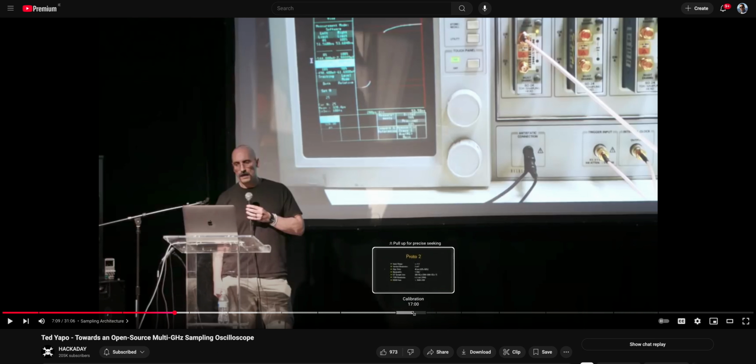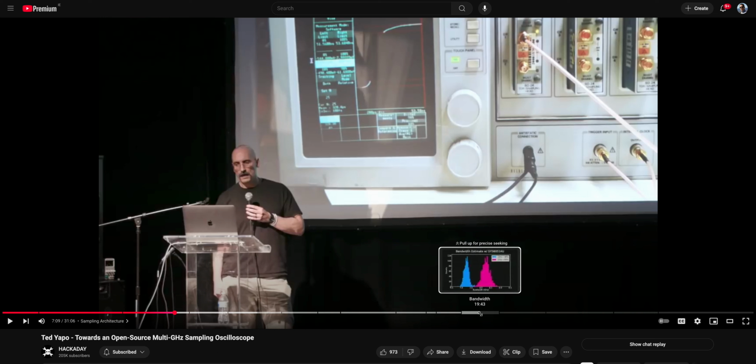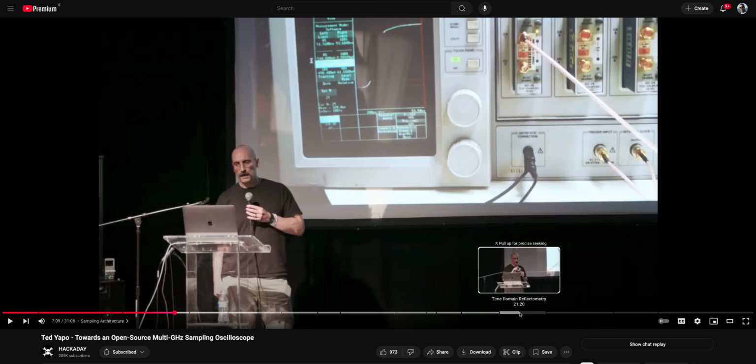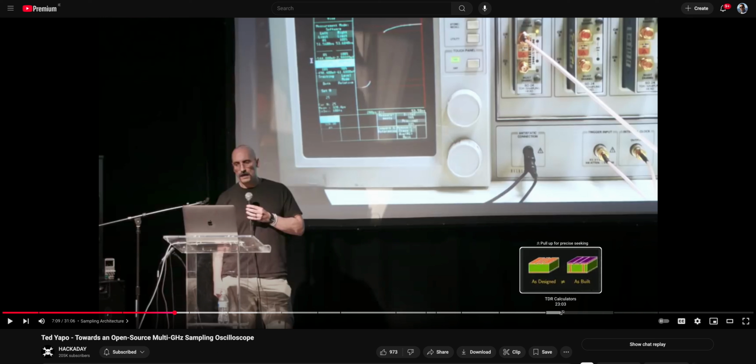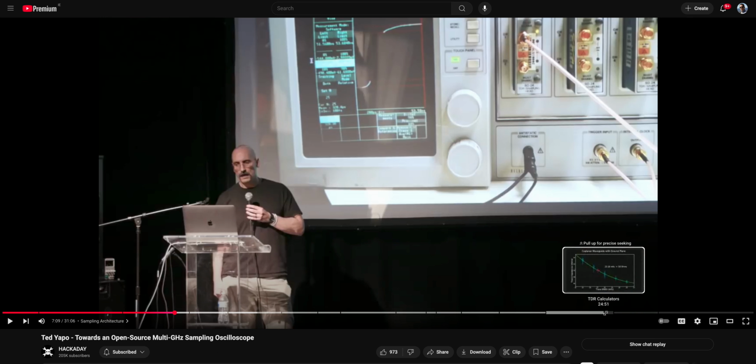He goes into details of his project to build his own sampling oscilloscope. He managed to do it. He also explains all the methods he used to characterize it, to see how good it is, how bad it is, and practical applications, doing time domain reflectometry, analyzing the characteristics of circuits.